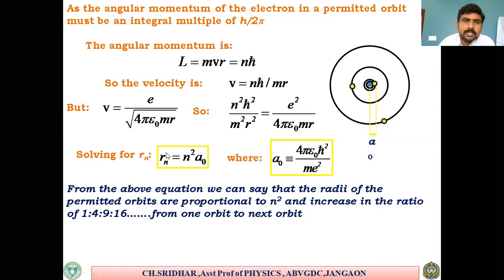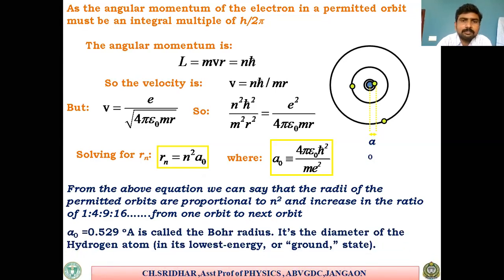Rn is directly proportional to n square since a naught is a constant, and the radius increases in the ratio 1:4:9:16 and so on from one orbit to the next. This is how the radius of the Bohr orbit is related to the principal quantum number.